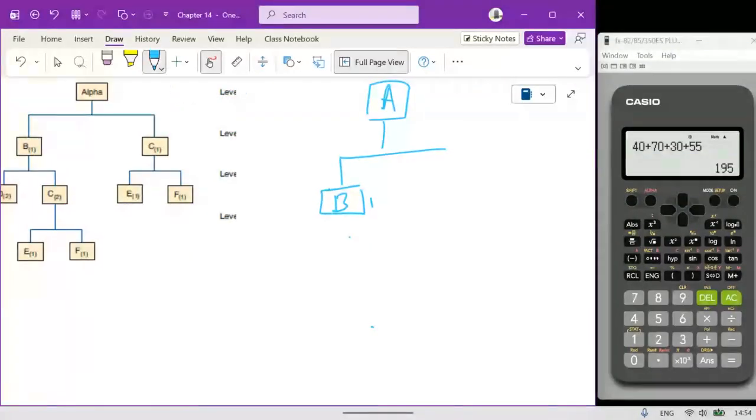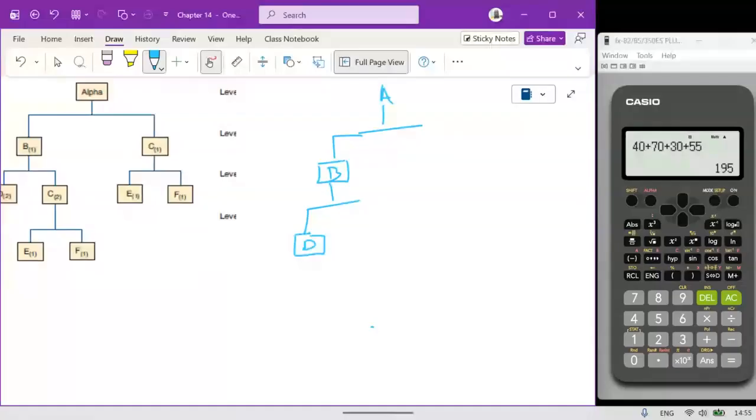Under B, we have D. And we have what? We have C. 2, 2.